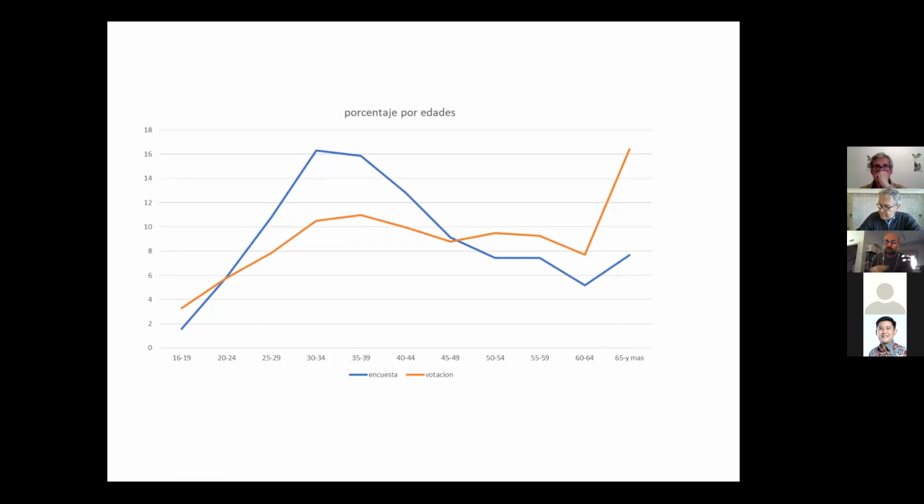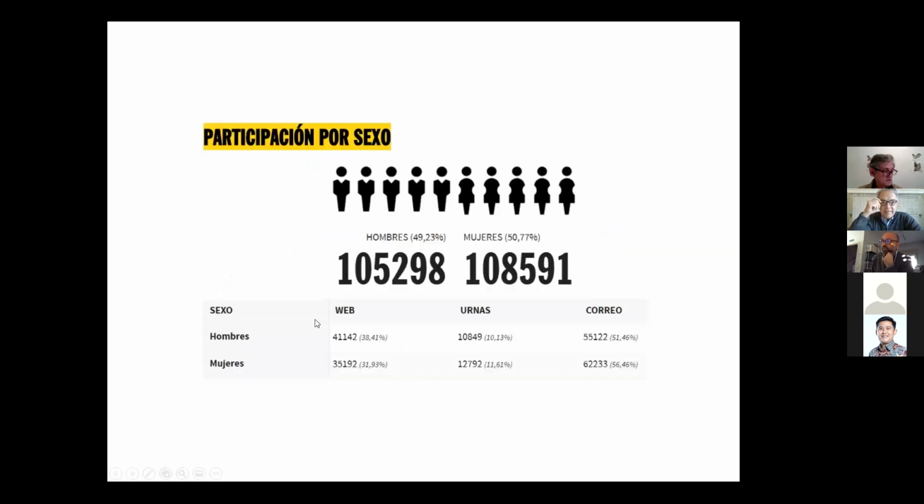So I think this means that when in Spain or in Madrid you get a letter from the town hall, everybody gets a little bit scared, because they don't know if it's a fine or something like that. And a lot of people didn't throw it away, and they decided to participate. In relation with the gender, almost the same.